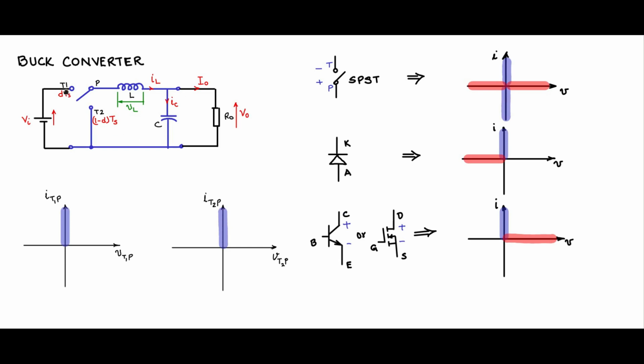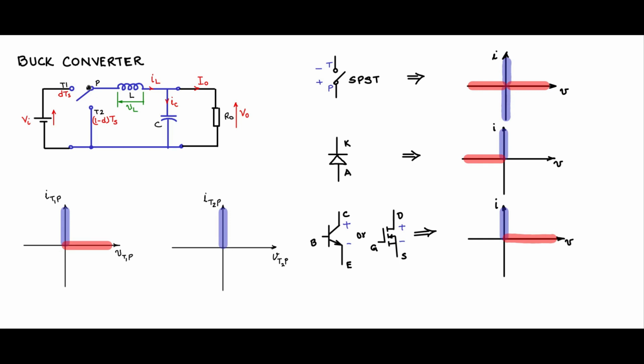Likewise, when you talk of the voltage supporting, when PT1 is off, T1 is more positive than P, because when T1 is off, P is connected to ground, so T1 is more positive than P. So only the positive side of the voltage axis are potential operating points for PT1.